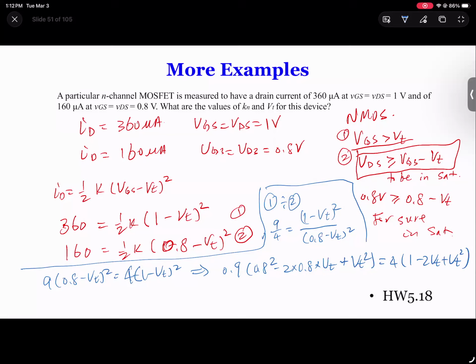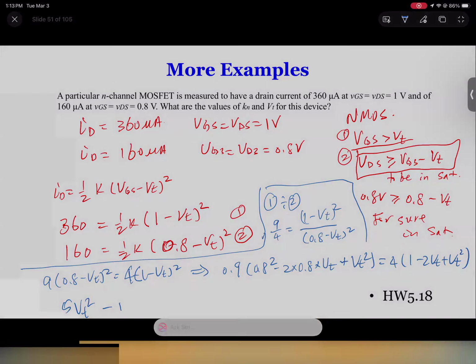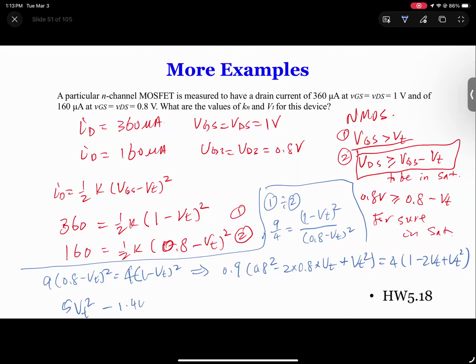So when you plug into the VT squared, if here you got 5 VT squared minus 2.0.8.9, I don't know, 1.44 minus 1.4 VT and then plus VT.